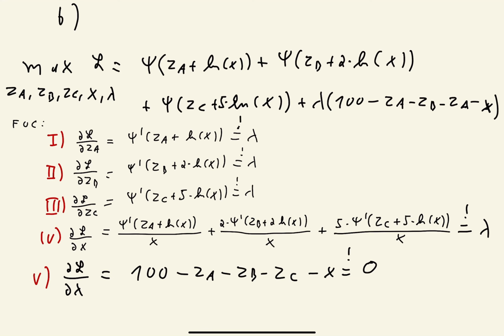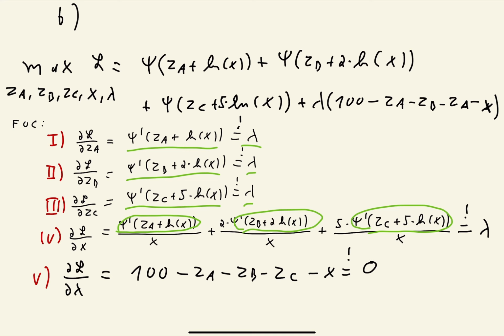The next thing that we will do is that we will simply substitute the following. As you can see here, those marginal utilities are equal to lambda, and they're also appearing here, here, and here. So I will enter the right-hand sides of first order conditions 1 to 3 for the according expressions of the social marginal utilities in first order condition 4.